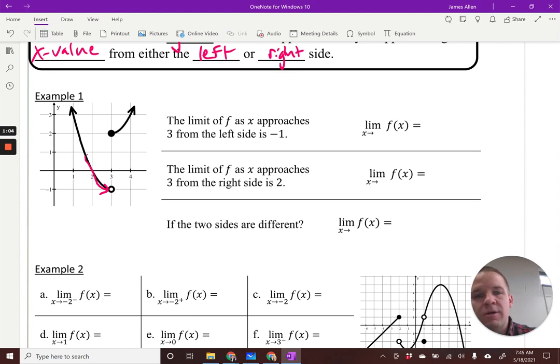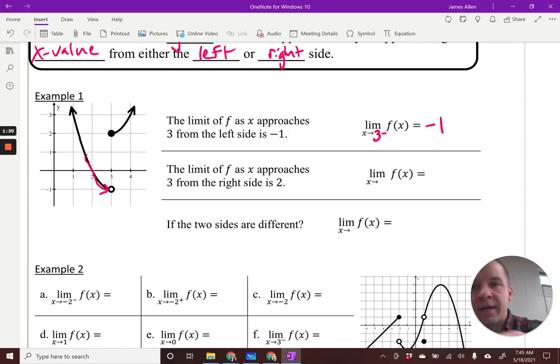As x approaches 3 from the left, the way we notate that is with a little minus sign up top. The limit of f of x as x approaches 3 from the left is -1. That's the notation on the right-hand side, with what it means in words on the left.